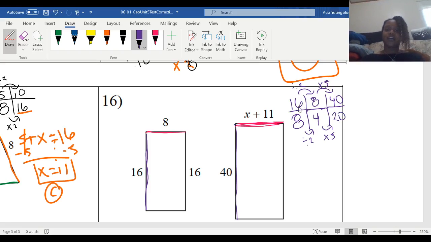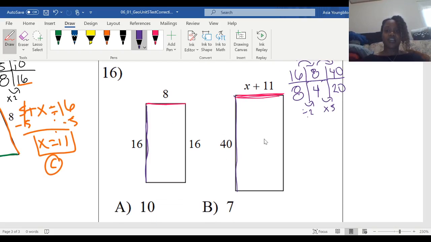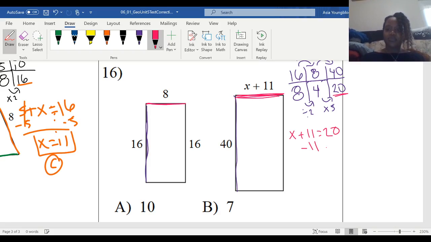So we have found the proportional or the similar rectangle to this, 40 by 20. So this side length, x plus 11, has to equal 20. Subtracting 11 from both sides gets us an x value of 9.